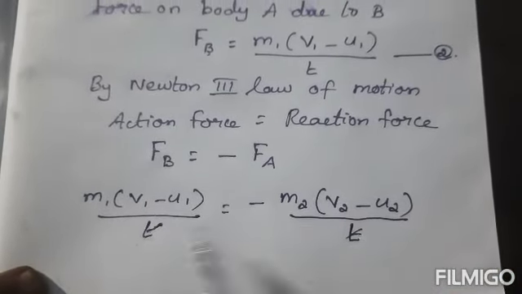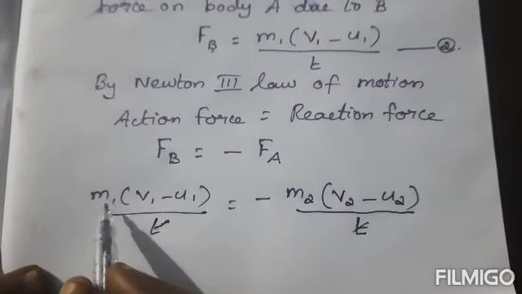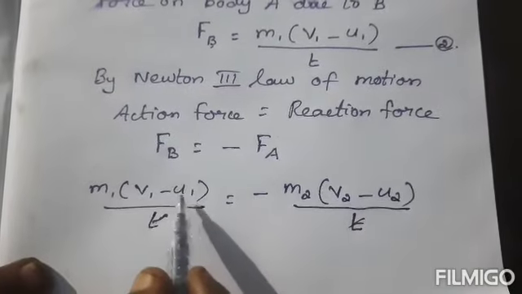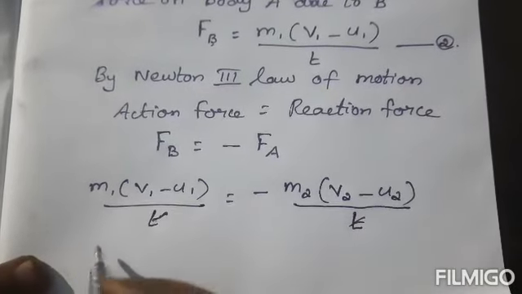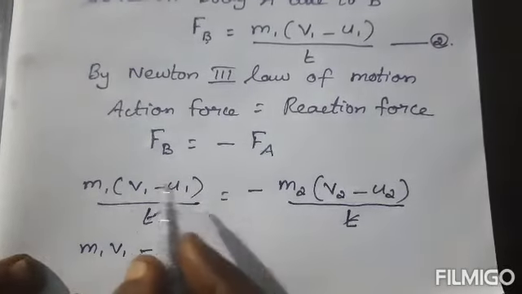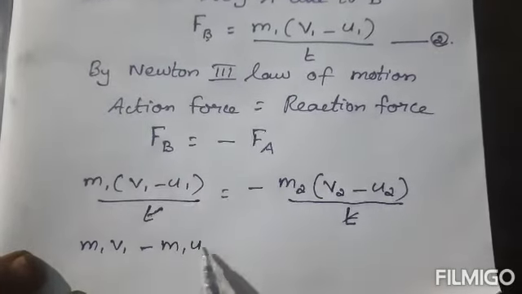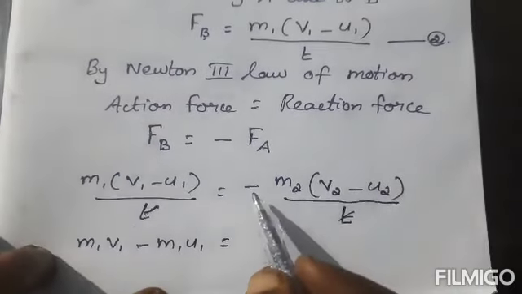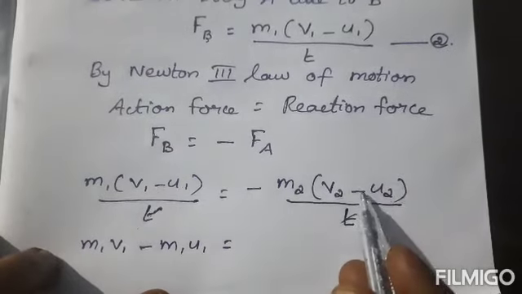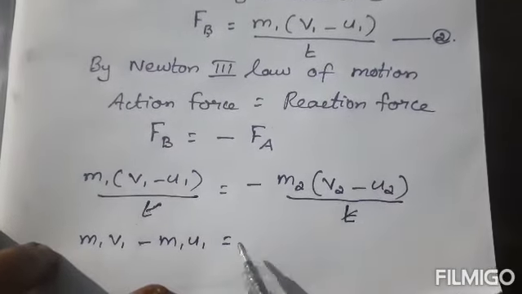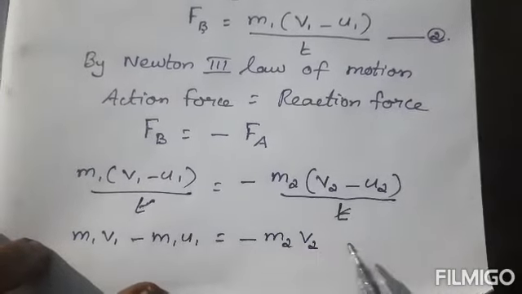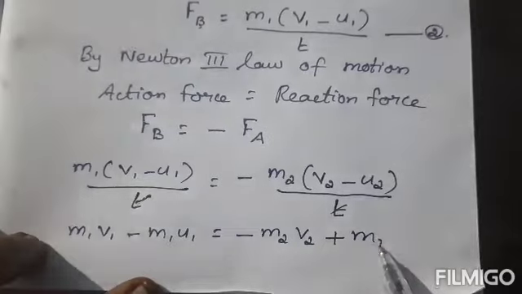Then multiply m1 inside: m1 v1 minus m1 u1 equals minus m2 v2, and minus into minus gives plus m2 u2.